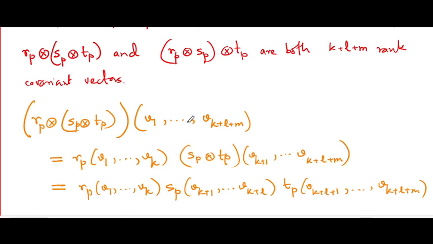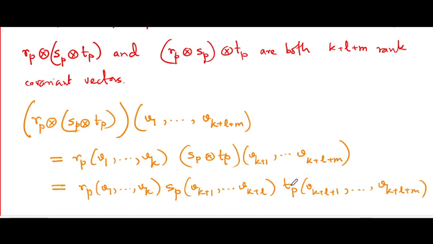Well, using the definition of the tensor product once again, this quantity here is nothing but Sp getting the first l of these vectors, that is V(k+1), V(k+2) up to V(k+l), times Tp getting the rest. So basically, when you take this tensor product and feed it a bunch of k plus l plus m vectors, Rp gets the first k to produce a number, Sp gets the next l to produce a number, Tp gets the final m to produce a number, and these three numbers are then multiplied together.